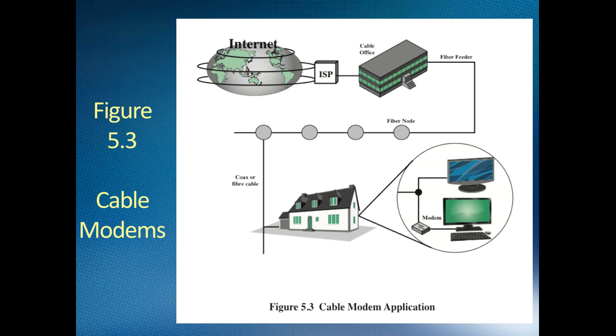This belongs to the telecom company. Then when it's arriving to the area, to the complex or compound, you have the coax or fiber cable coming to the home. Okay? Inside the home, you will find the modem, one for the internet, one for TV.